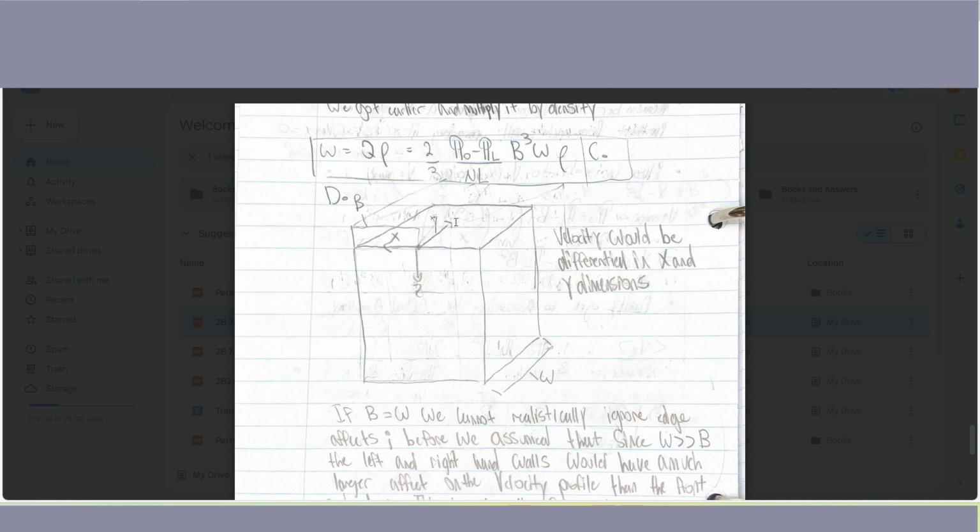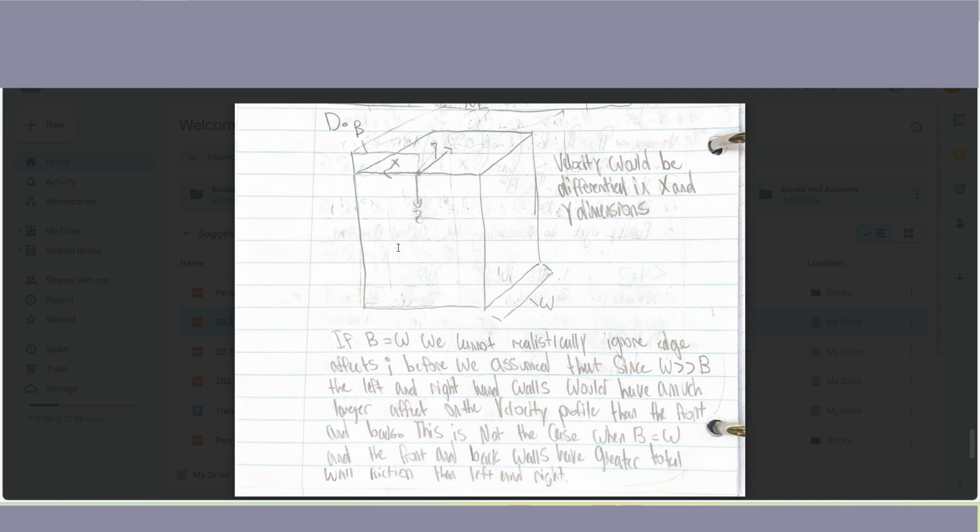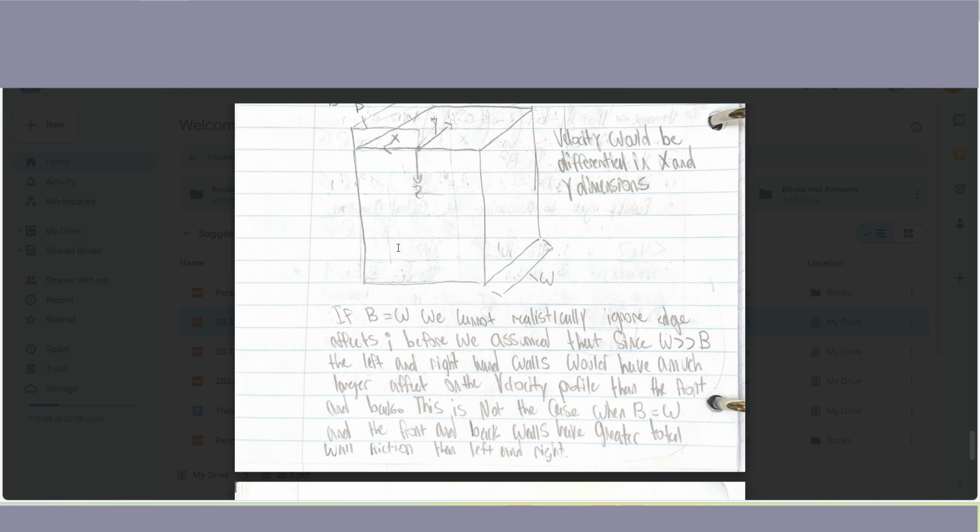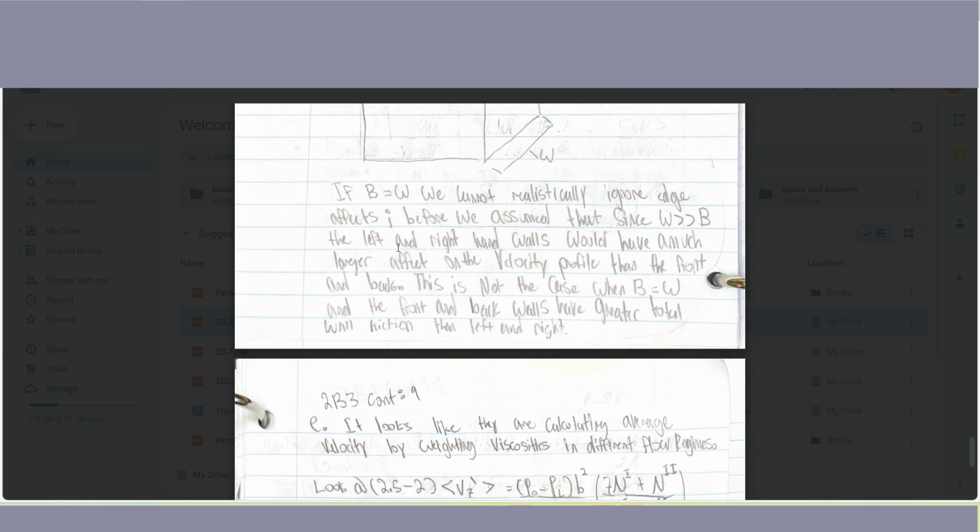The liquid is going to be slowed down by this wall and this wall. So Vz is going to be dependent on the Y direction and the X direction, and we just had it as dependent on the X direction. So the whole equation is just not going to be valid.